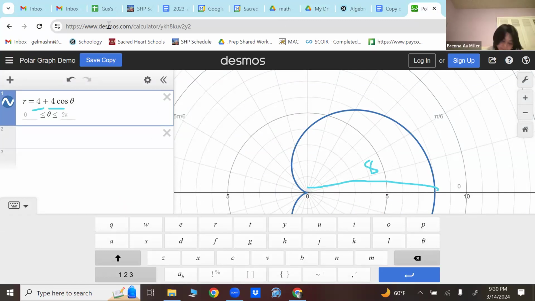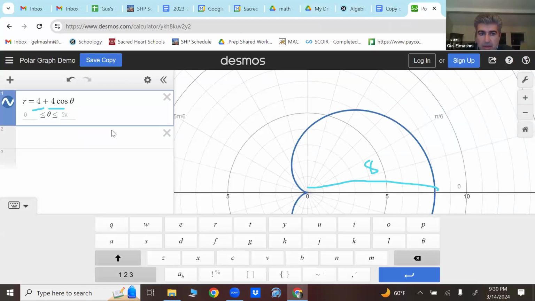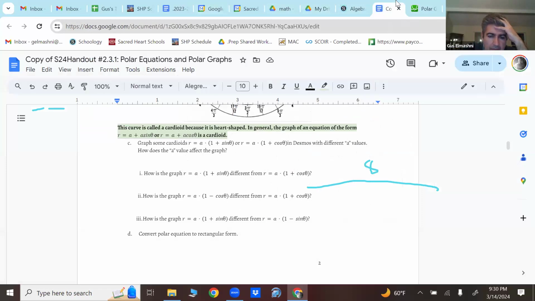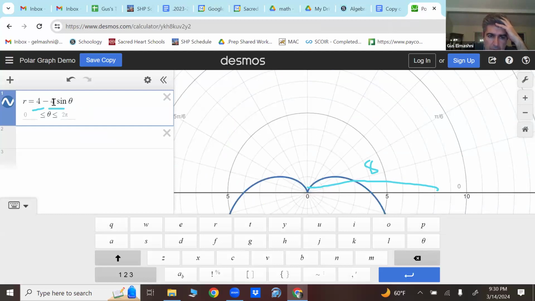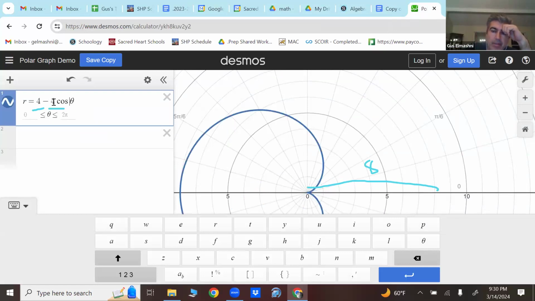So that's something to keep in mind. If I did cosine, or switch to sine, it just rotates 90 degrees. Put a minus out in front, then it just flips over.